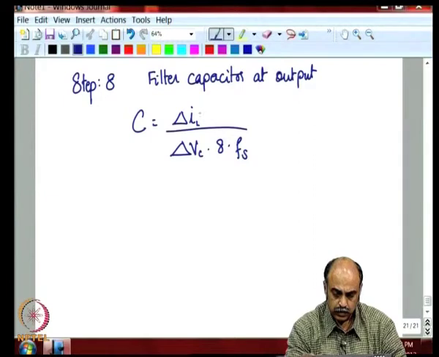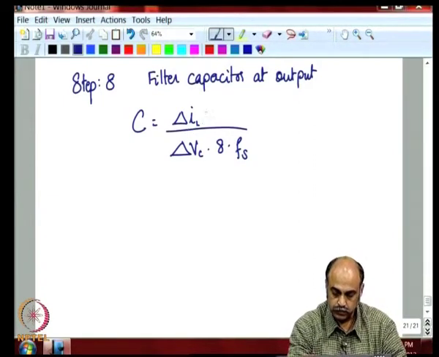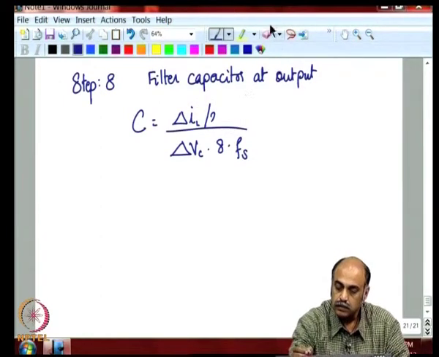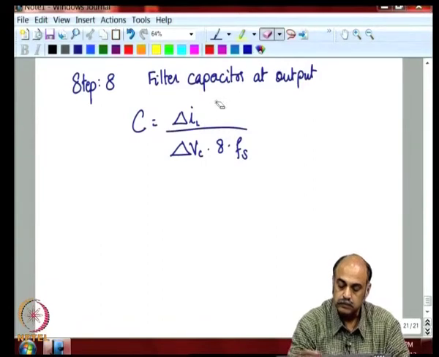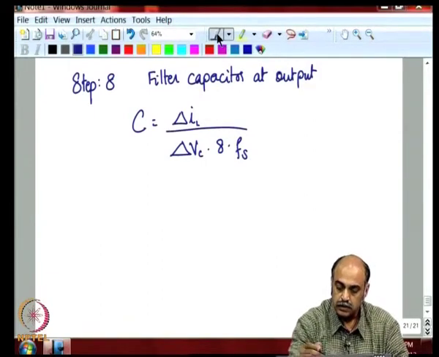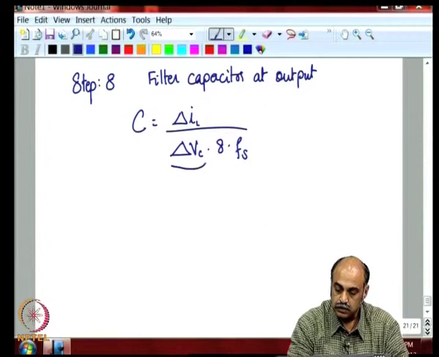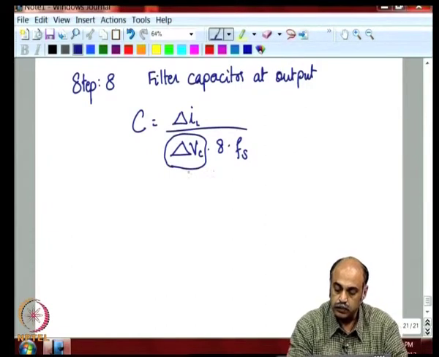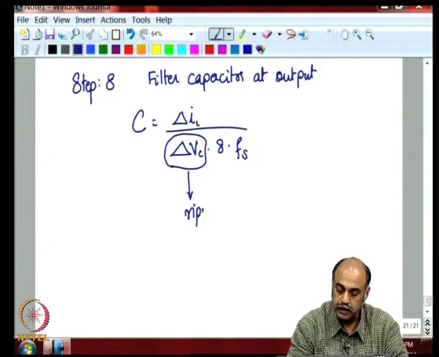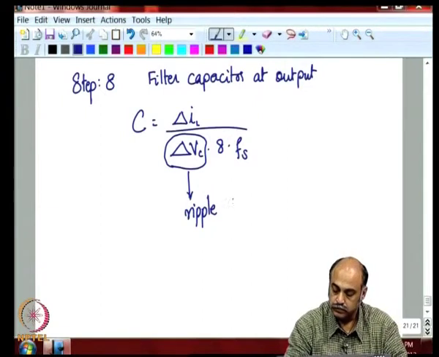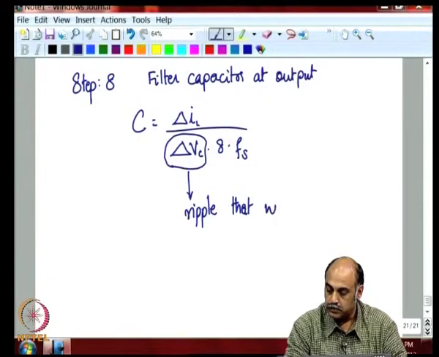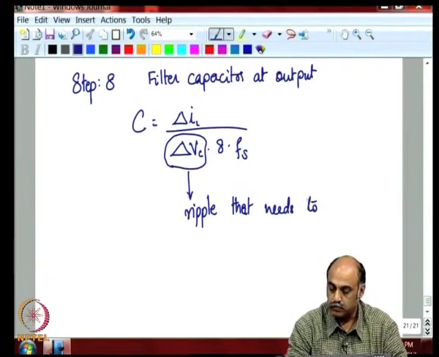Now, the delta I L which flows through the capacitance is this much. This is the ripple that you would want to allow, that needs to be allowed.